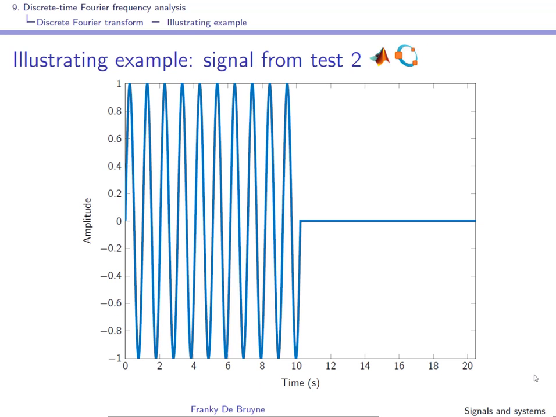Well, this is the signal from test 2, and we can see that it's the signal from test 1 where we have added N zeros, and the presence of these zeros is going to destroy the periodicity, as you can see.